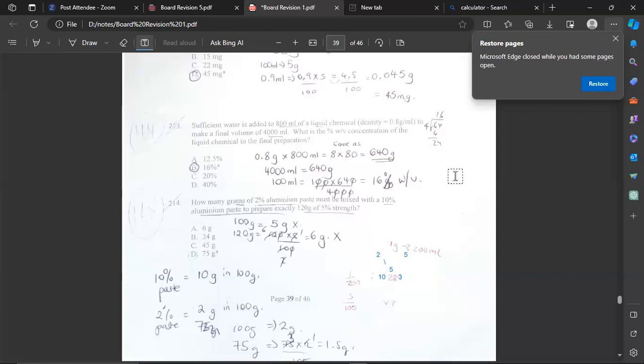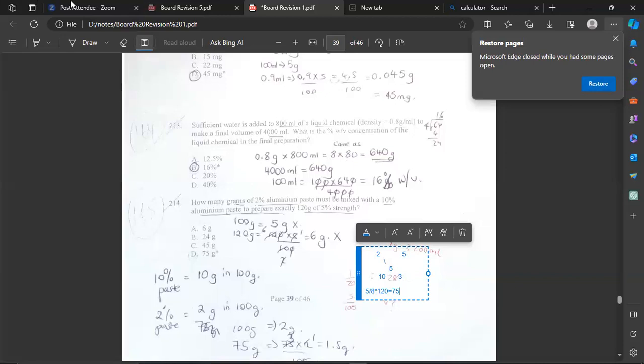So it is 5 all over 8. You'll take 5 plus 3, it is 8. So it will be 5 all over 8 for 2, and then for 10, it will be 2 all over 8. So that one, 5 all over 8 multiplied by 120, times 120, you'll get 75.